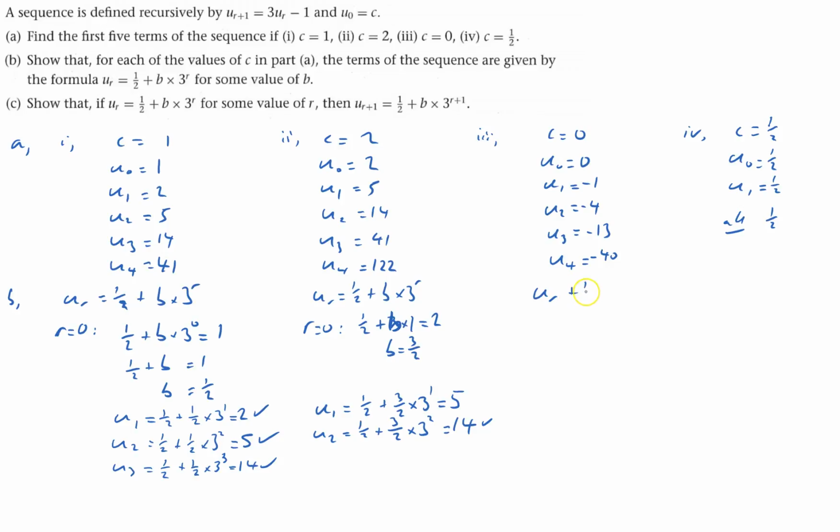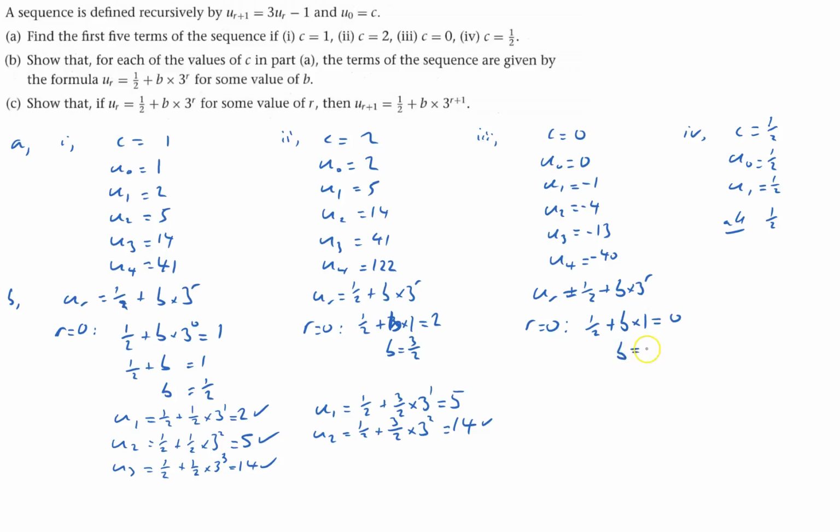UR equals a half plus b times 3 to the r. So if r equals 0, that'd be a half plus b times 1, and that must equal 0.